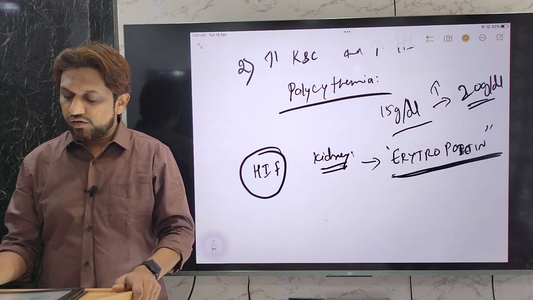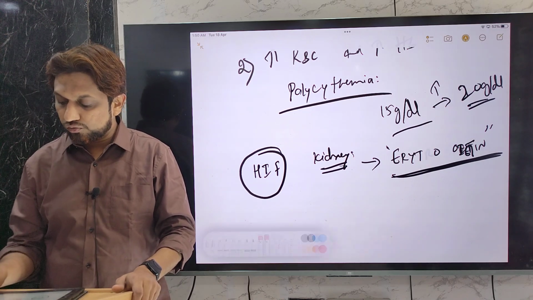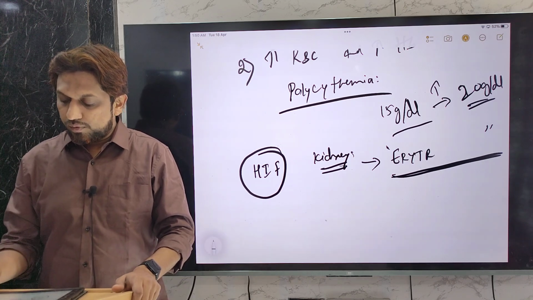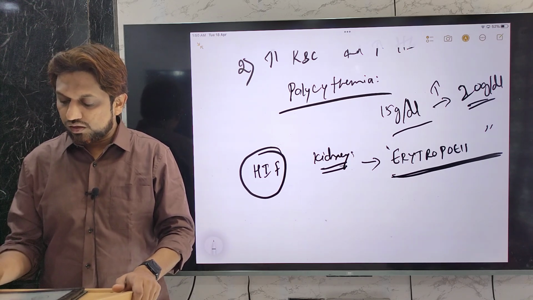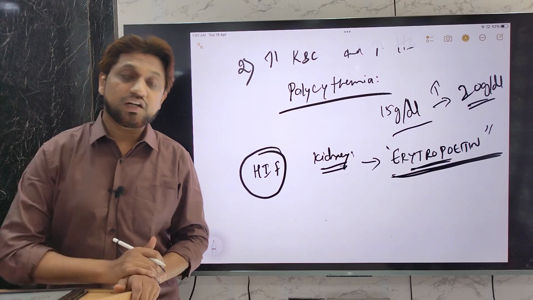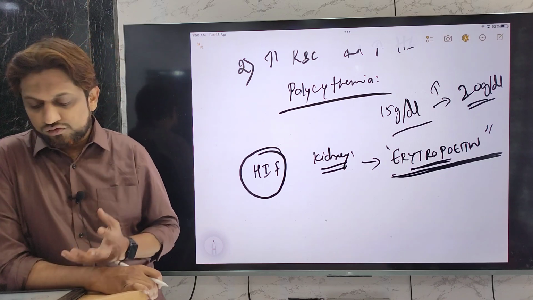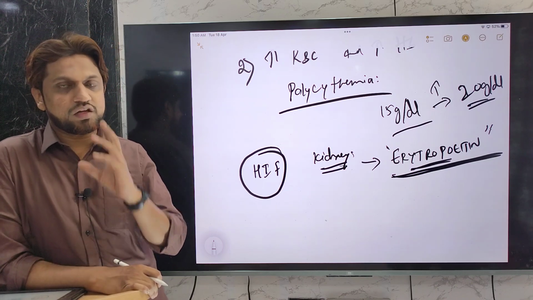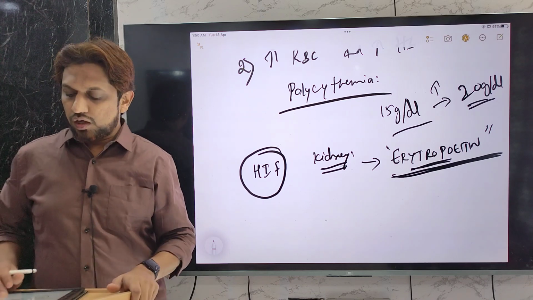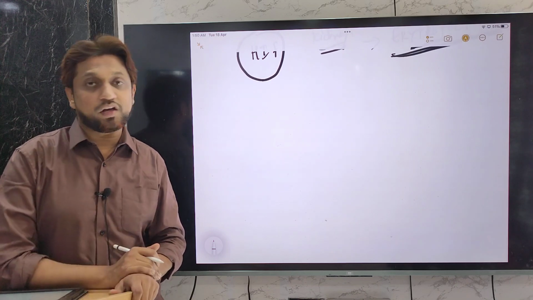Erythropoietin is secreted mainly by the kidneys and also by other tissues like the liver. The interstitial cells near the peritubular capillaries produce this erythropoietin, and it stimulates the bone marrow, which ultimately causes an increase in RBC and hemoglobin production.